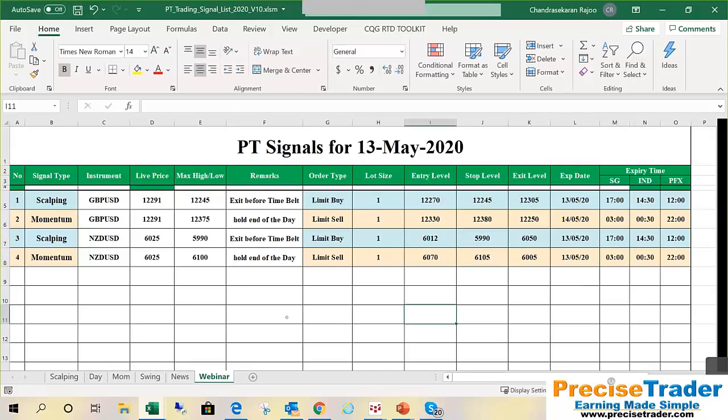Again, based on this, we can trade some of the crosses. That means we can trade euro New Zealand, then pound New Zealand. These are some other crosses we can trade.